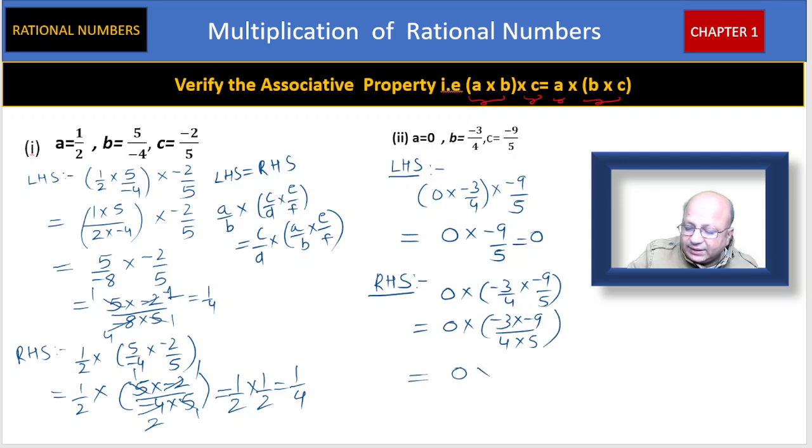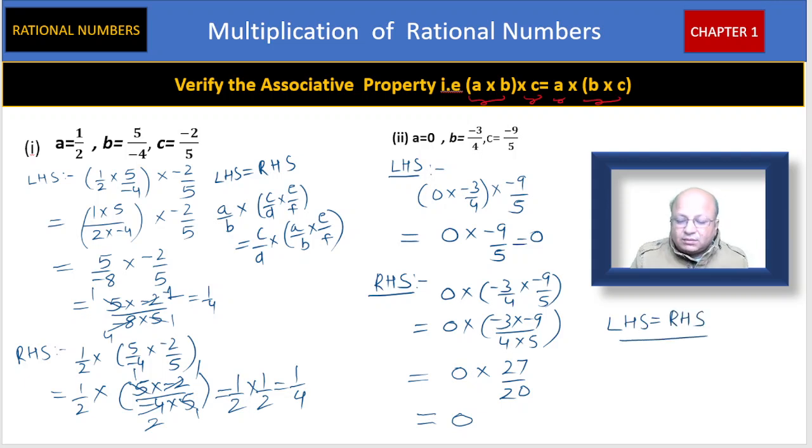So 0 multiply by 27 upon 20. तो यहाँ पे जब हम नंबर को 0 से मल्टीप्लाई करते हैं तो रिजल्ट हमारे पास 0 आता है. लेफ्ट हैंड साइड इज इक्वल टू राइट हैंड साइड. सो द एसोसिएटिव प्रॉपर्टी इज ट्रू फॉर मल्टीप्लिकेशन ऑफ रैशनल नंबर्स.